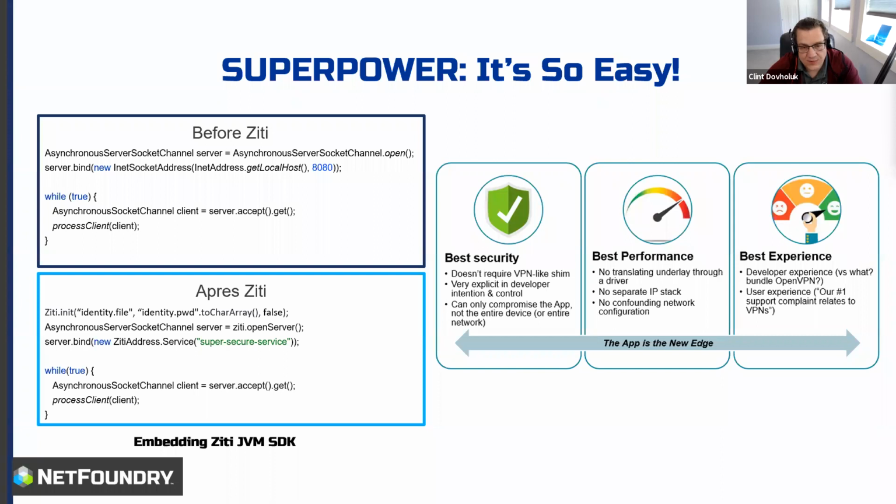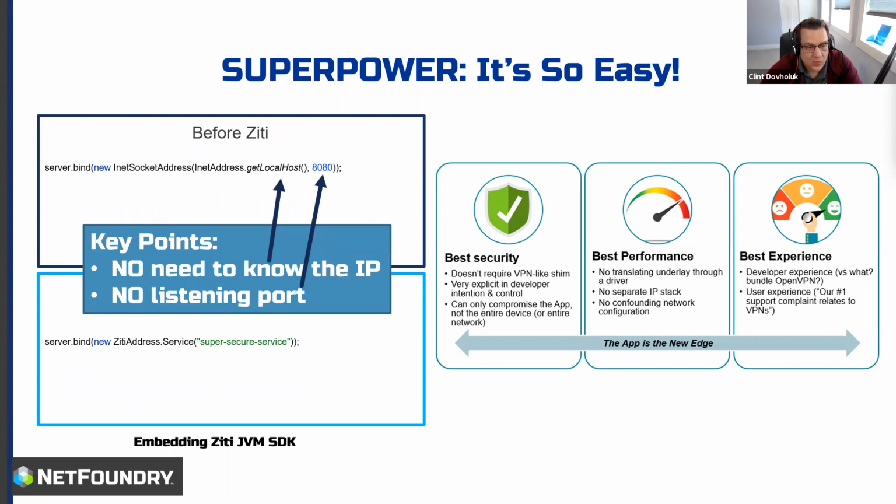And it's really easy too, right? So here I'm showing the OpenZiti JVM SDK. You can see the before code looks basically the same as the after code, but let me just make it really easy for you. Before, you need to know the IP address that you're going to bind your server on, and you're going to need to know the port that you're going to bind on. That's fantastic if you happen to know what actual IP address you're going to bind on, as well as what the port number is.